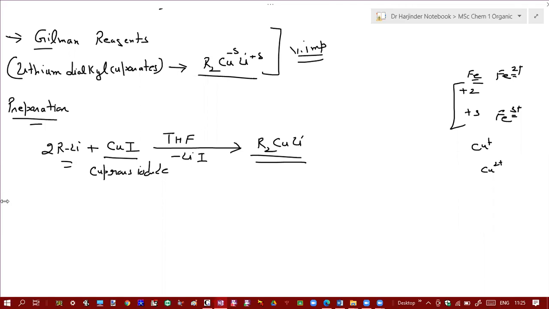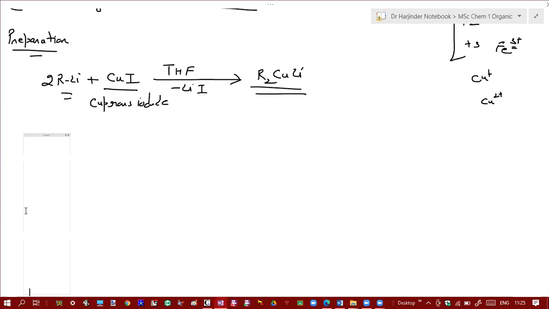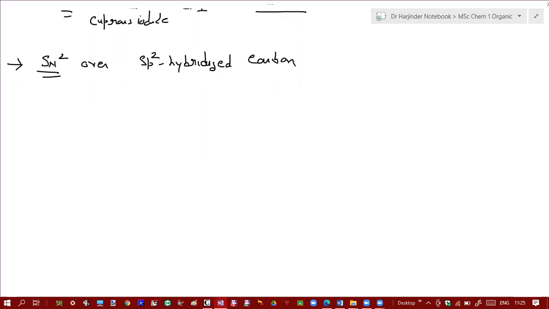Now, why are these Gilman reagents very important? The most important factor of these Gilman reagents is their nucleophilic substitution reaction, and they can bring SN2 reaction, that is nucleophilic substitution reaction, over sp2 hybridized carbon, which is not possible in any other case or with any other reagent.